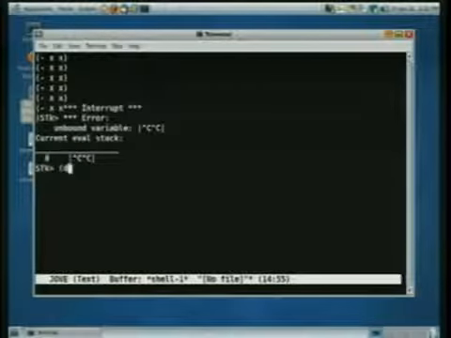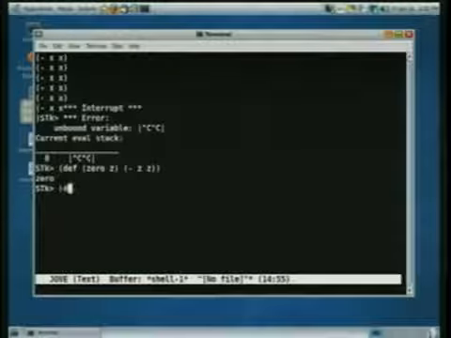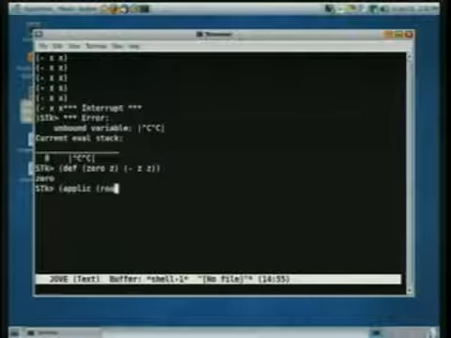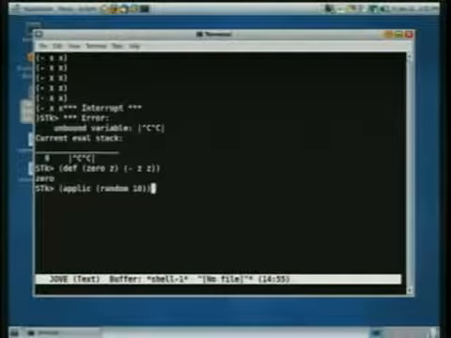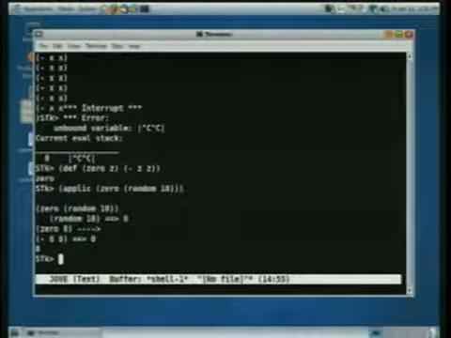Let's just start again. Def 0, I said z here? Yeah. Oh, OK. Minus z. Thank you. That's interesting. All right. Applicative order of 0 of random 10. This time for sure.